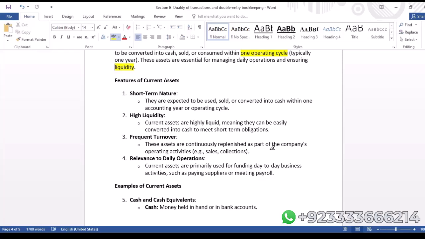Now, how is it possible? For example, if I produce mobile phones, so mobile phones have screens in them. If I produce 100 mobile phones per month, I will be needing 100 screens per month.